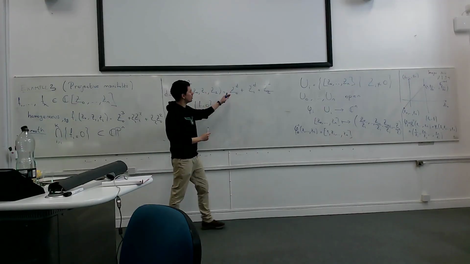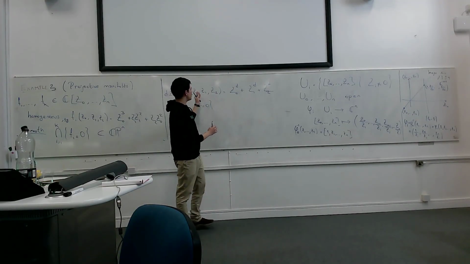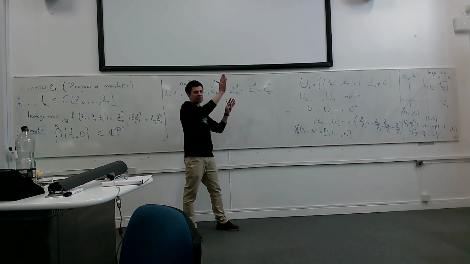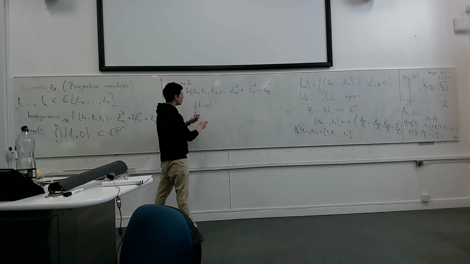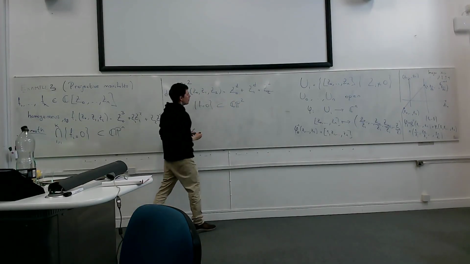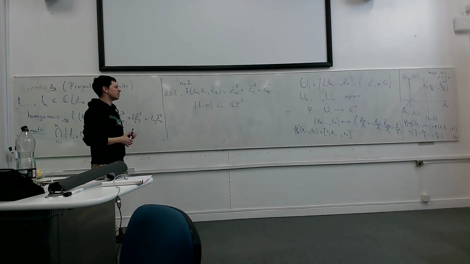This is a polynomial in three variables, so the zero set of this is some set in C3. But because the polynomial is homogeneous, the zero set is invariant by scalar multiplication, so it becomes a zero set in CP2.